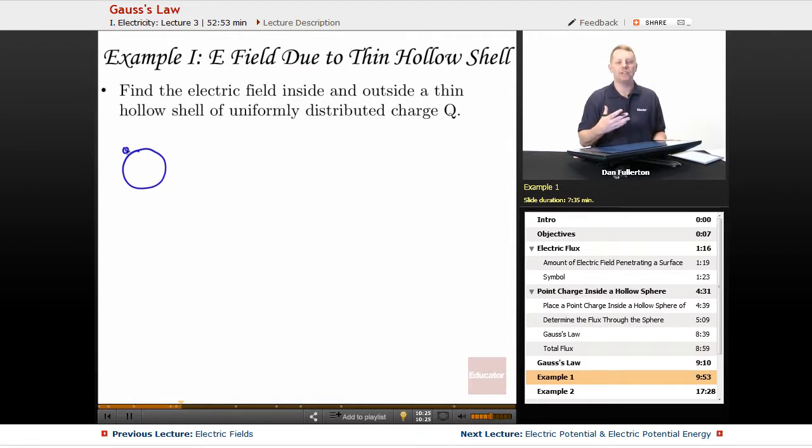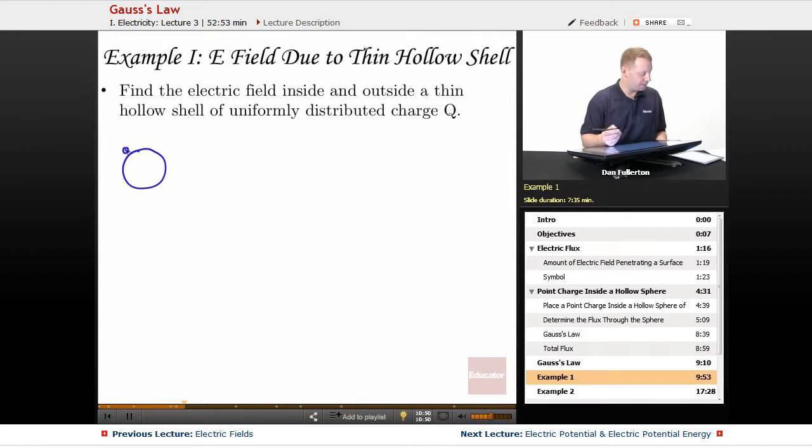Envision this imaginary surface, closed surface. In this case, it's going to be a sphere to give us the most possible symmetry. First, we're going to do that inside the shell, and then we're going to do it outside the shell, wherever we want to know the electric field strength. By symmetry, the electric field at all points on this Gaussian surface, on this Gaussian sphere, must be the same and must point radially in or out.